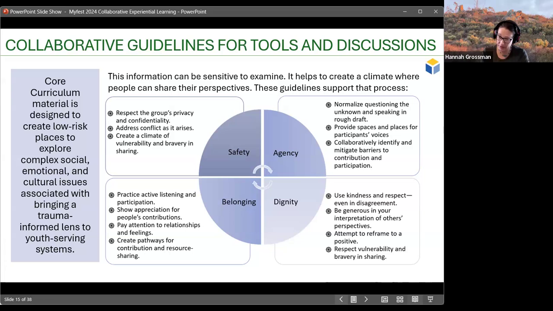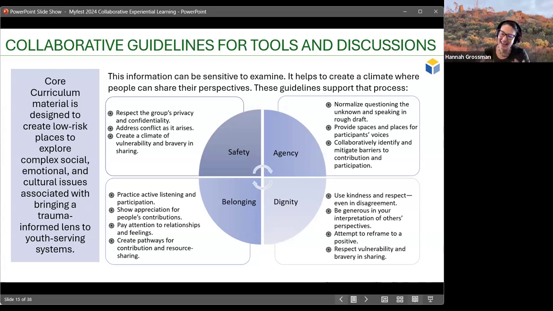And if you think about that, anytime you build safety, agency, dignity, and belonging, you are reducing the chance of having a harmful violation of an emotional load that will distract your learners from learning.